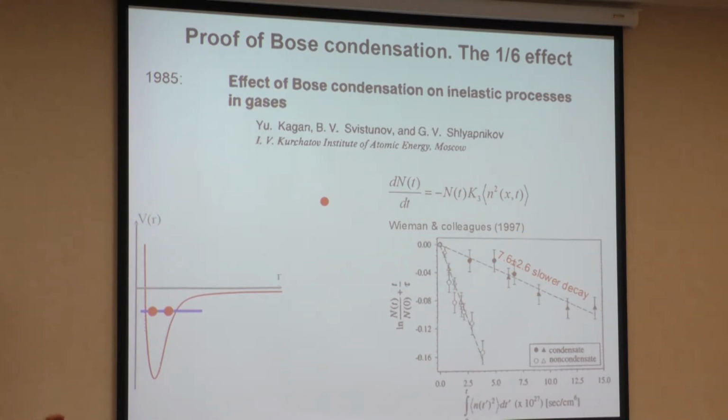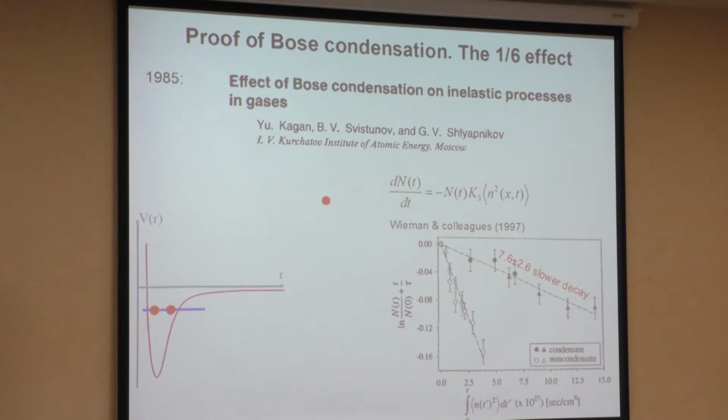If it were a one-body process, due to something happening inside the atom, there would be no density factor after the coefficient k. And the coefficient k3 should be different by a factor of 6 in a classical gas and in the Bose condensate.